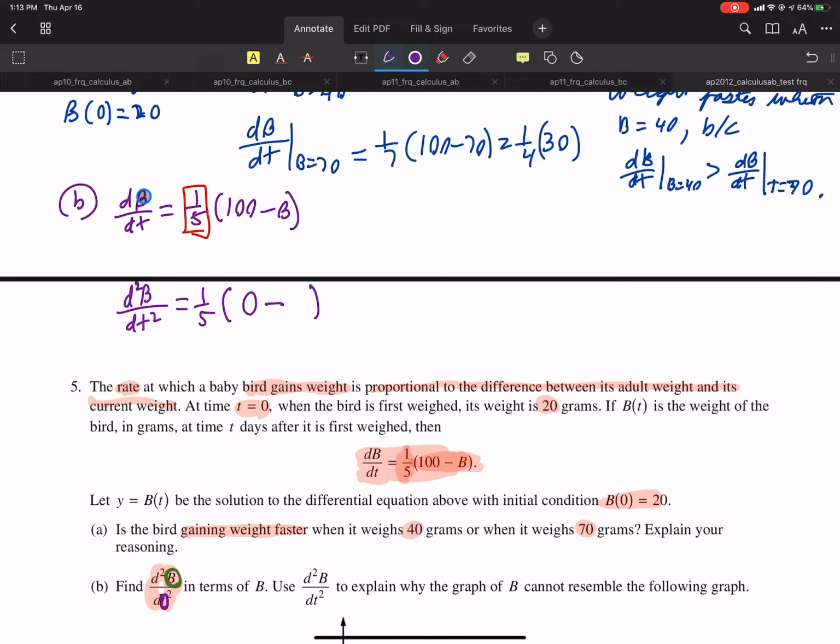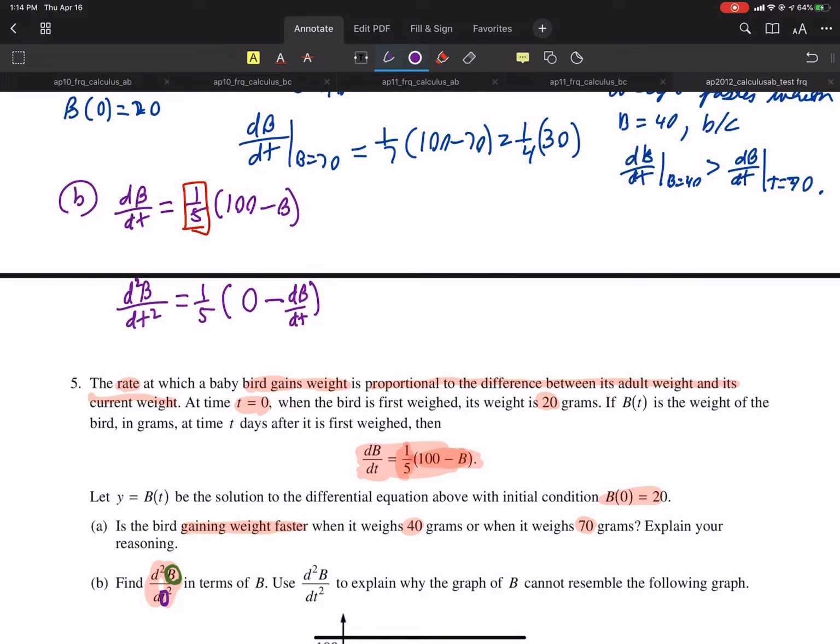Again, b is our function, not our variable. T is our variable. If this were a t, the derivative would simply be 1. But since b is our function, to take the derivative of that, by definition, it is dB/dt. So therefore, the second derivative is 1/5 times the opposite of dB/dt.